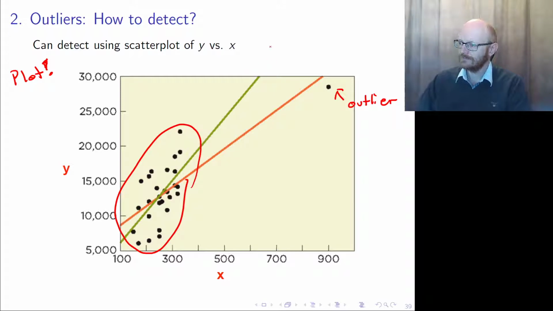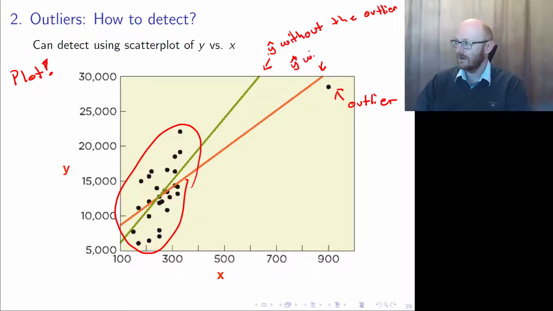Then what you can do is to estimate the regression line without the outlier, and you have the y hat of the regression with the outlier.